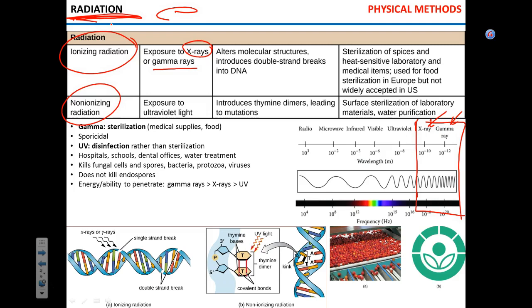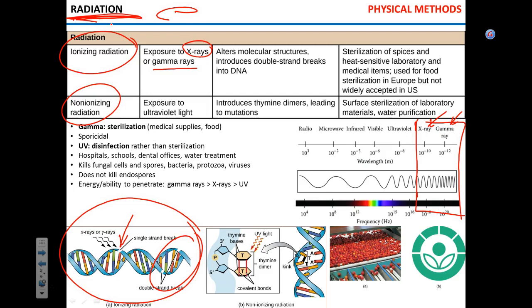These ions, when they are formed in the cell, lead to the formation of strand breaks, either single or double strand breaks. We talked about this mechanism of mutagenesis before.